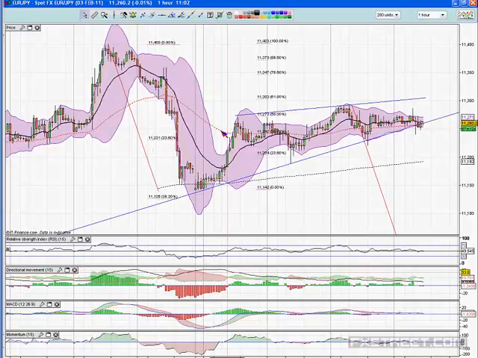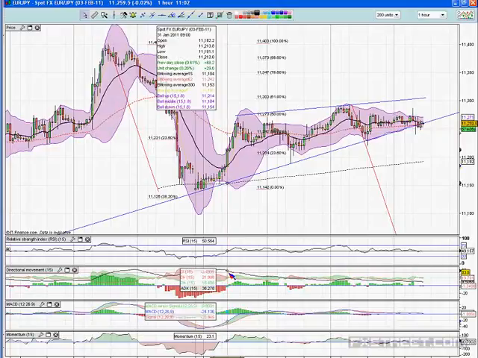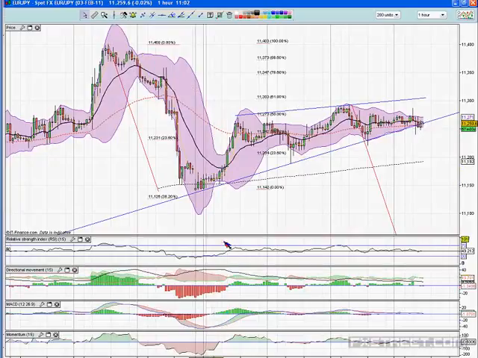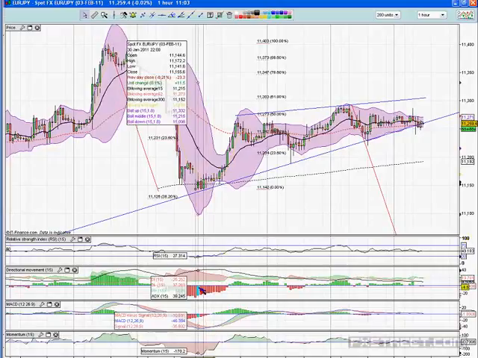The DMI, which is the next one down here, just for those that don't know, there are fully different oscillators or indicators across the bottom here that obviously have different uses. Parabolic SAR, which is support and resistance, is a system to trade to. When you've got green dots, it's bullish, red dots is bearish.